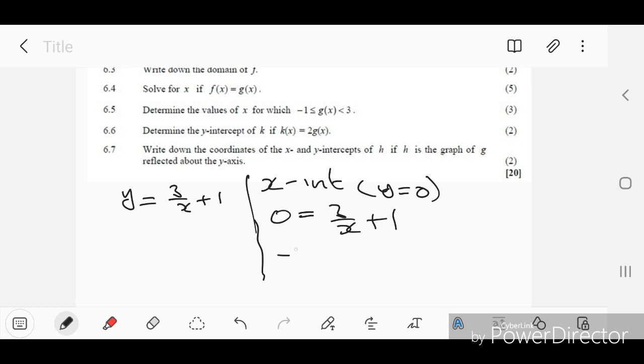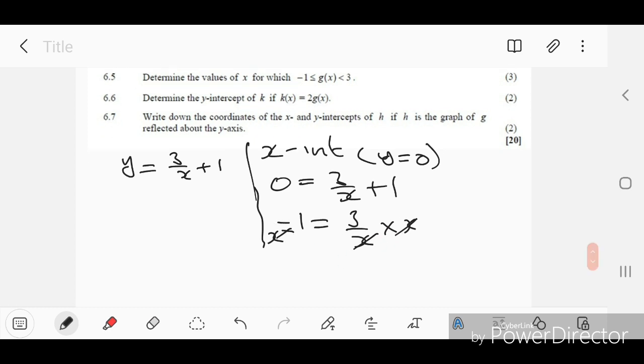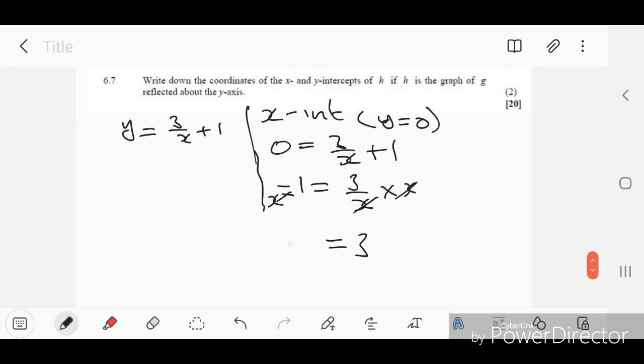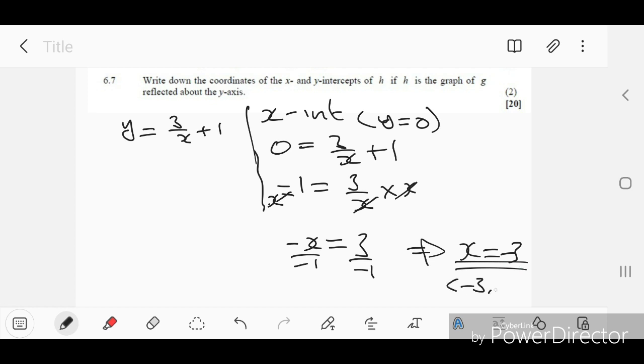The 1 comes to the other side as minus 1. Then 3 over x, I multiply x to both sides. This cancels, here I'm left with 3. x times minus 1 is minus x. Divide by 1 on both sides. I'm getting that my x is negative 3. So in coordinate form, this is it.